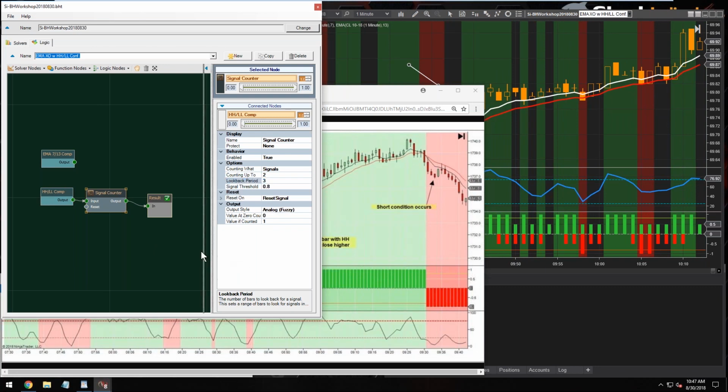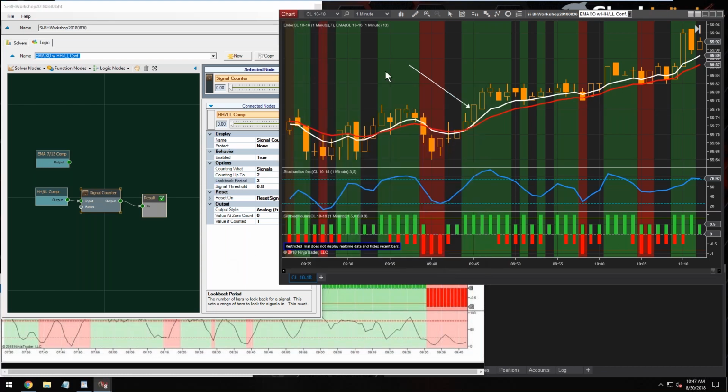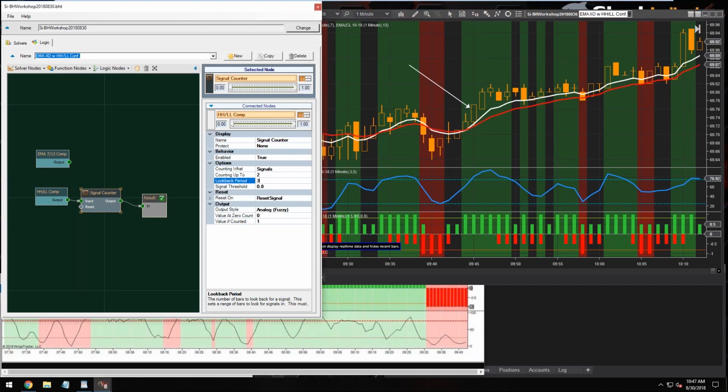So, with computers, you do have to set some kind of limitations to the computer. So, we will need to determine how many bars we want to allow the second higher high to be found in here. And so, let's set something kind of high here.